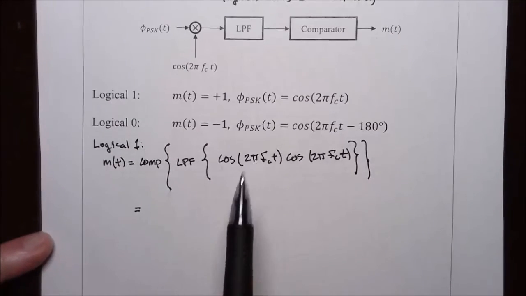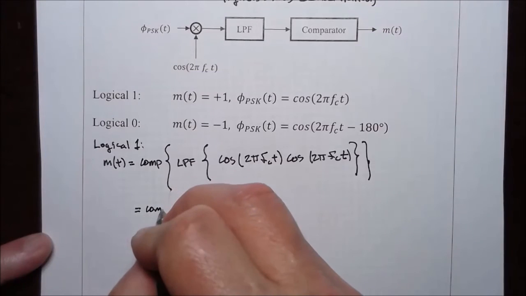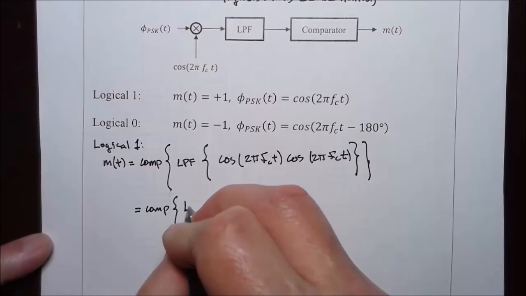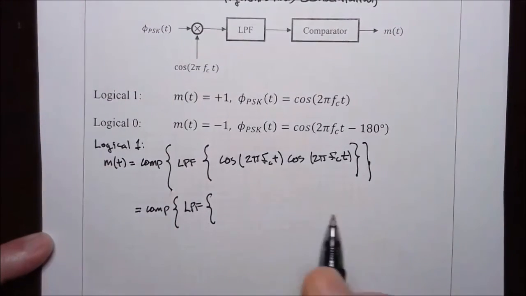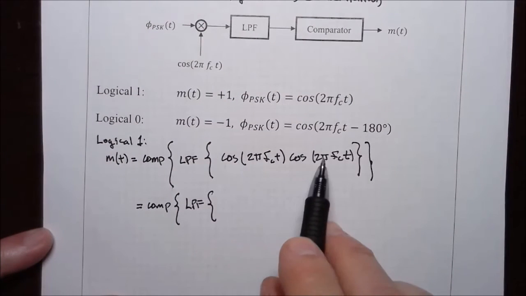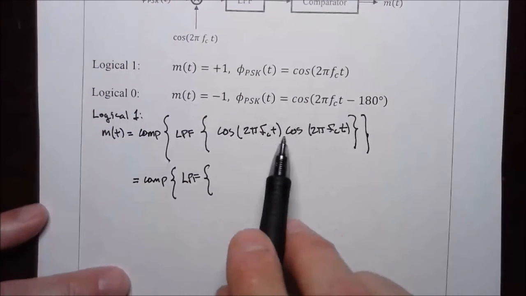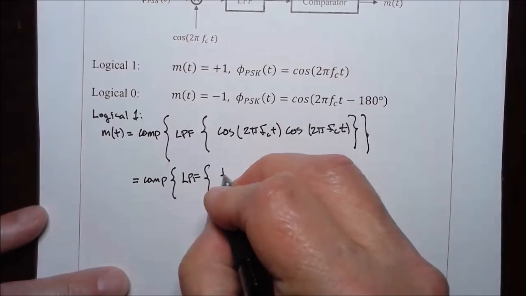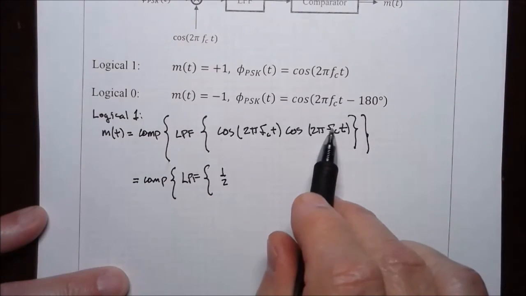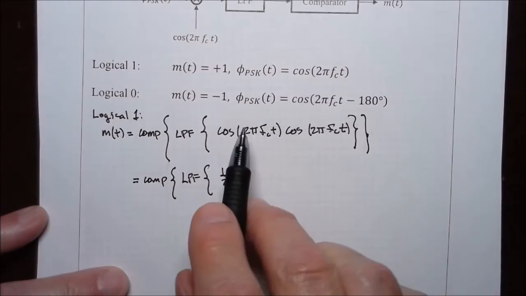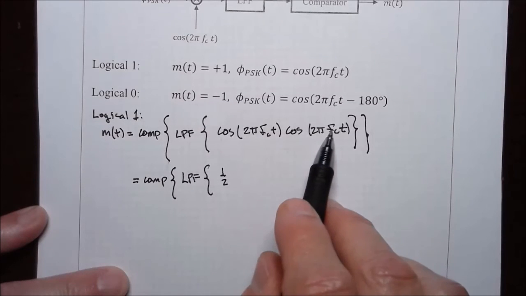So we've got the comparator operating on the low-pass filtered version of this signal, a cosine times a cosine. If we apply the trig identity, we get 1/2 cosine of the difference of the angles. So that's 1/2 cosine of 0.